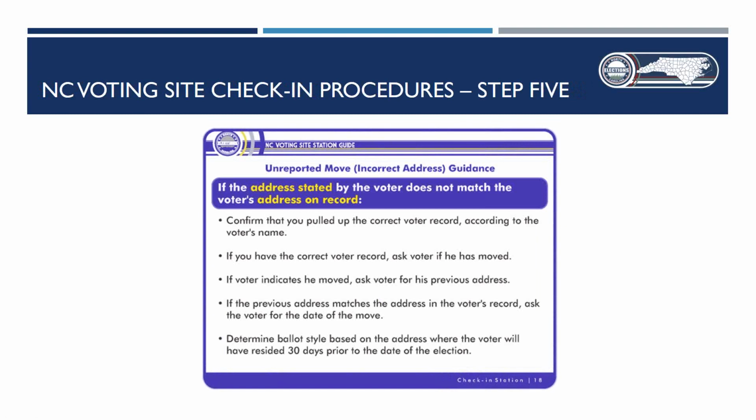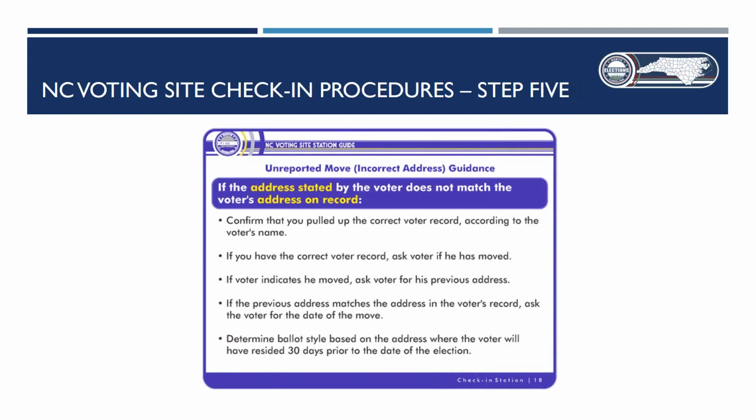When you don't have a match, you've got to confirm that you pulled up the right record. Make sure to double check on the name. If you do have the right record, ask whether she's moved. And if she did move, ask for her previous address. And if the previous address matches the address in the voter record, ask for the date of the move.